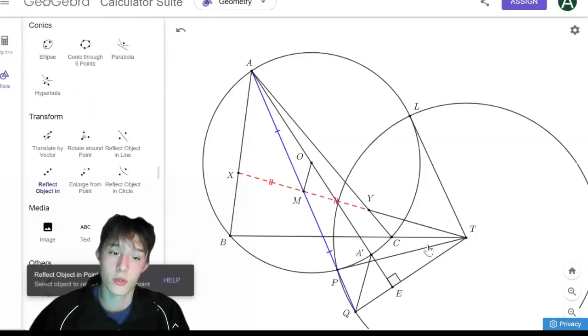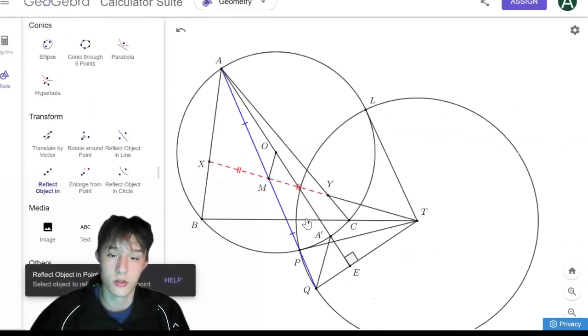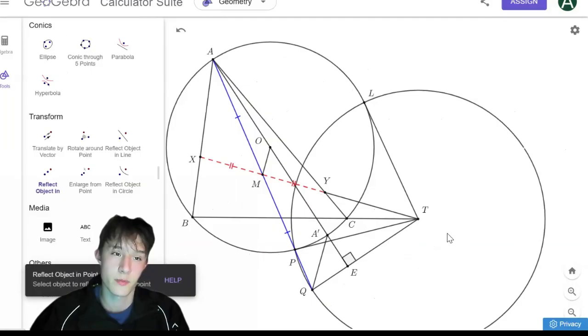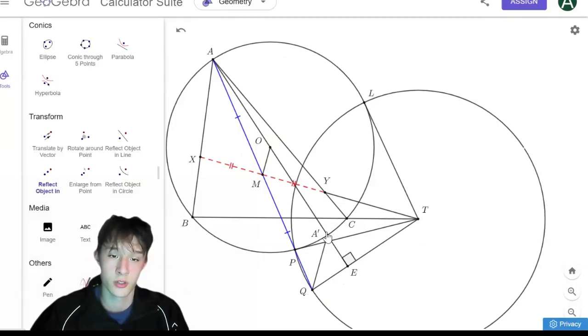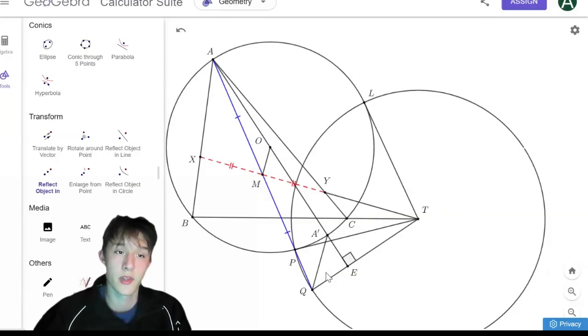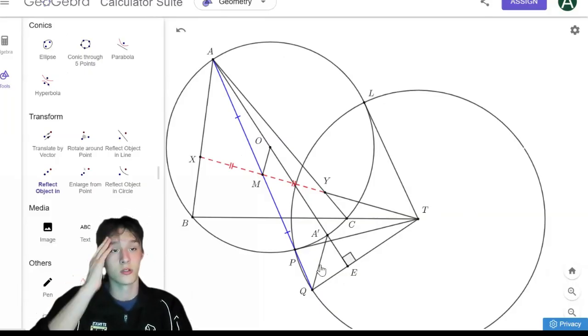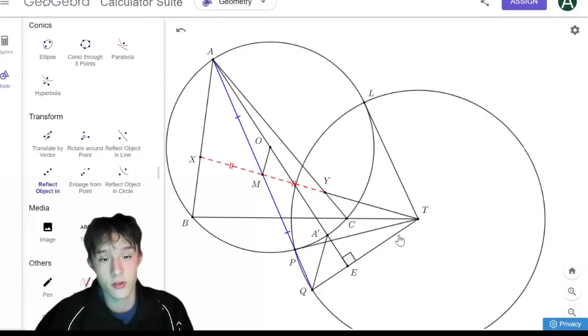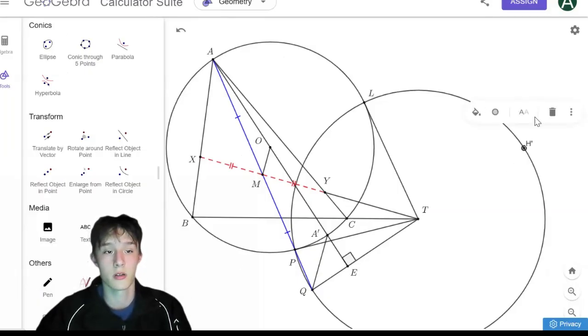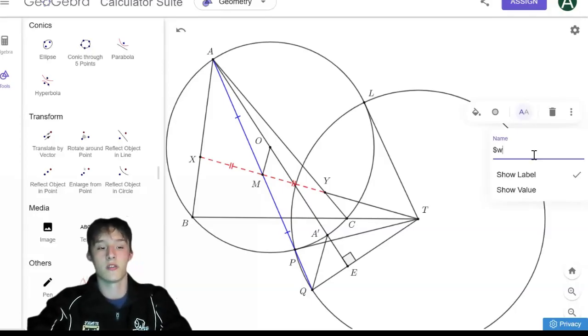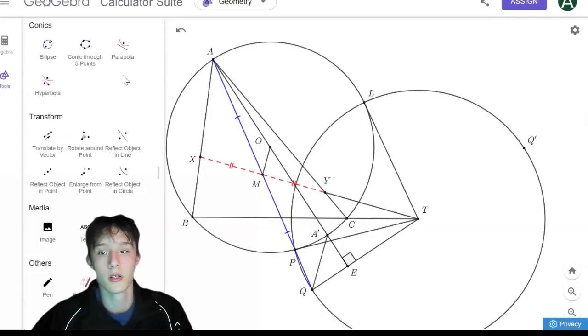So in this case, the logical thing to do is to rephrase line TM. We don't want it to be the line that we try to show is perpendicular to AQ. We want something else to be the main driving force. And obviously, if you reflect Q over T and get a point Q prime, we again use the same idea of midpoint. If midpoint is uncomfortable, use the midline rule.